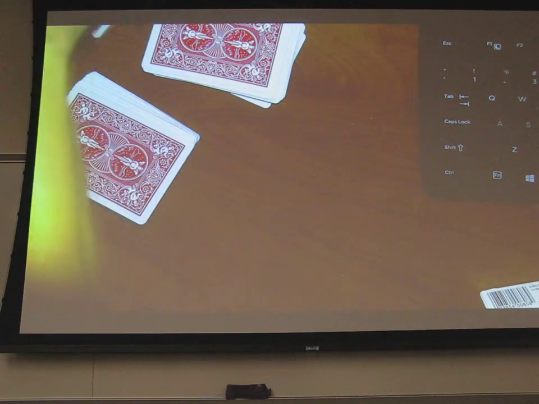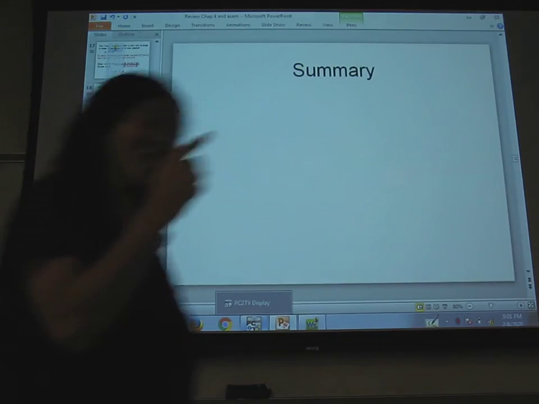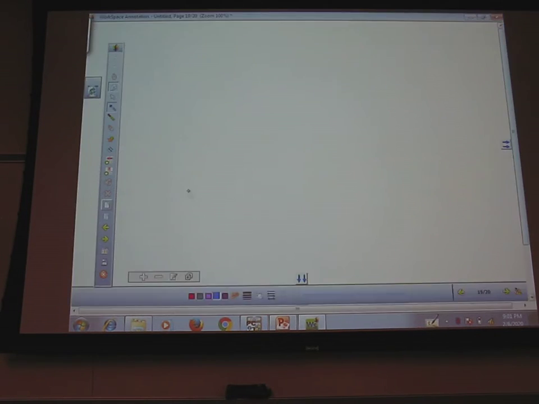Ace. All right. So the game's jinxed. There's some theory that some of you think my deck might be a trick deck, maybe. So we're going to talk about hypothesis tests just for a minute.